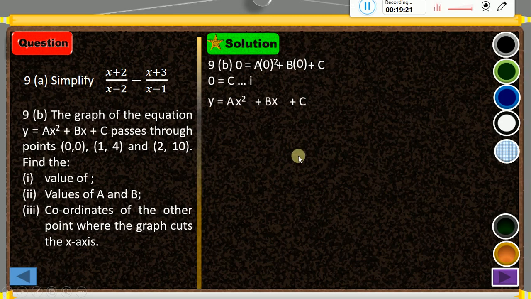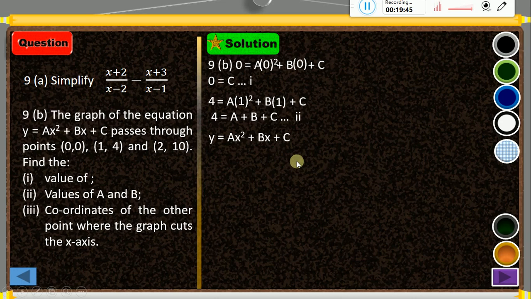Then repeating the same thing here, we're going to replace y with 4. So, and then x with 1. And then x with 1. Then we now have the equation 4 is equal to a plus b plus c. Remember, c is equal to 0.